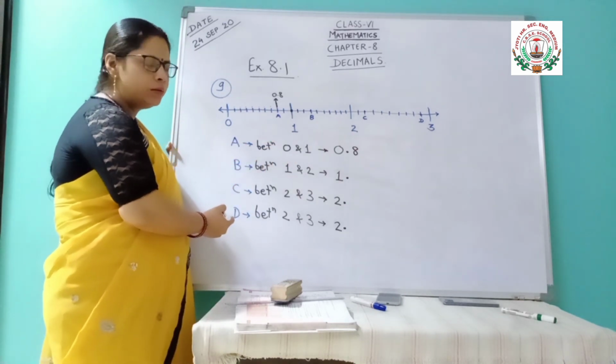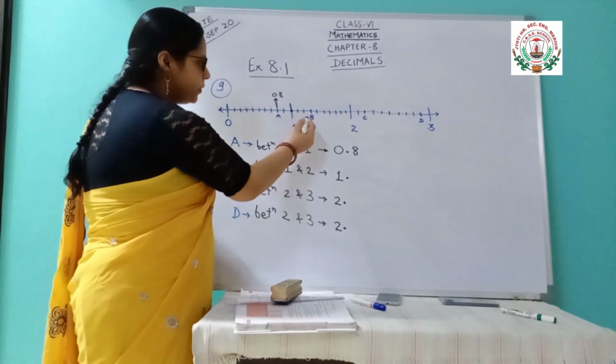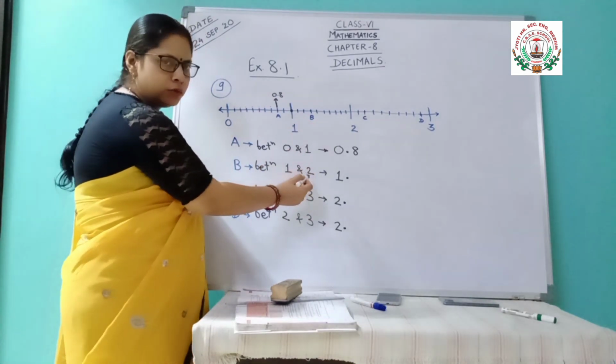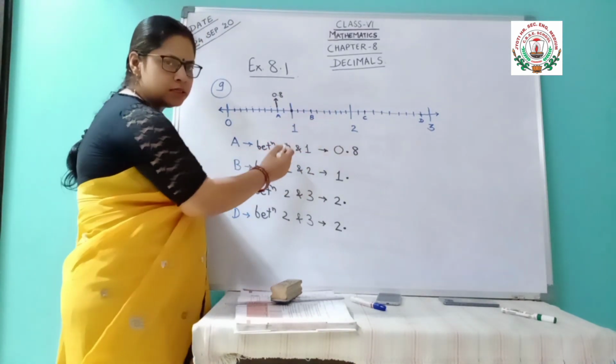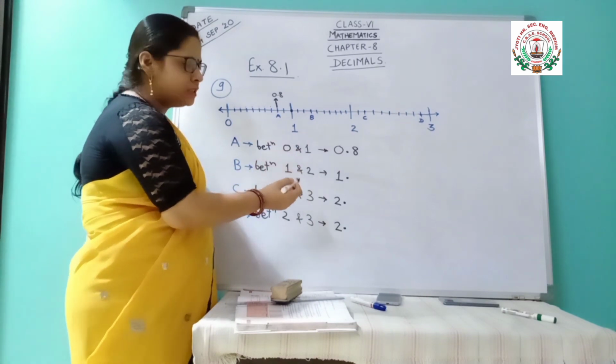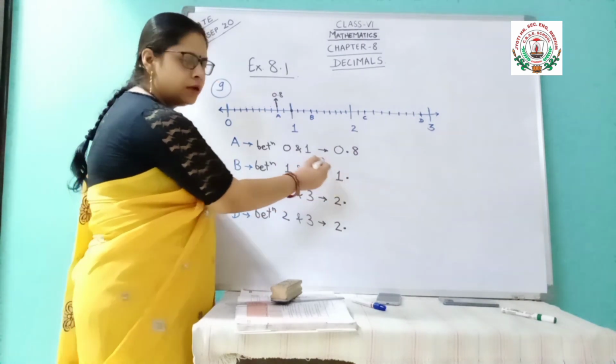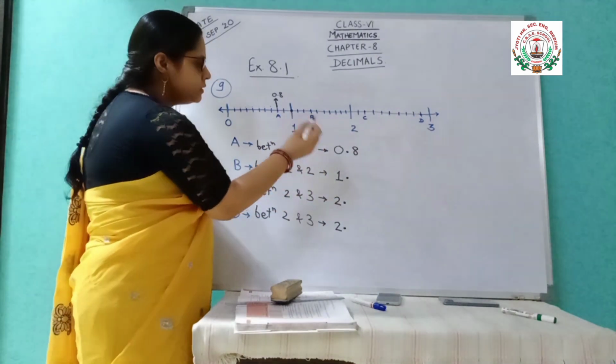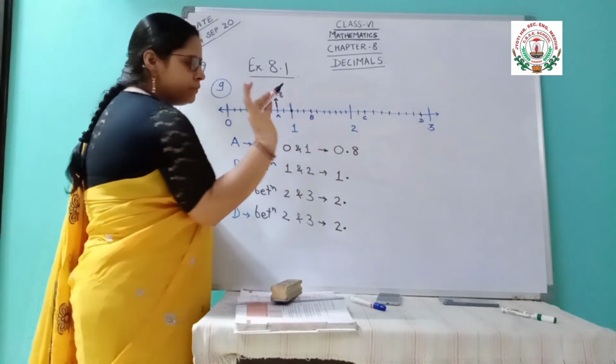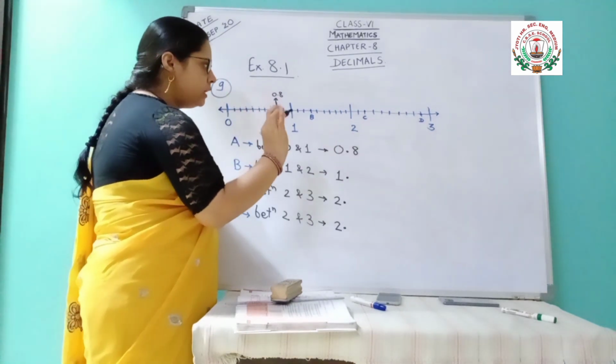Now coming to point B. This B point lies between 1 and 2. So after 1 it is starting, which means the decimal number will definitely be 1 point something. We have already written 1 point. Now start counting. Look carefully again.